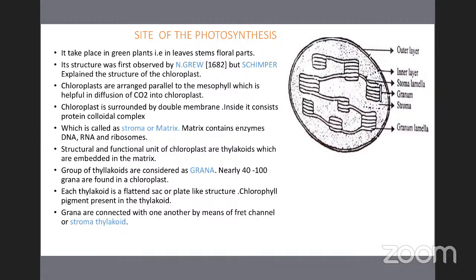Next, the chloroplast. If we observe the structure of the chloroplast, it is surrounded by two membranes. Look at the diagram here: outer membrane and inner membrane. So each and every chloroplast is bounded by two membranes, outer layer and inner layer.